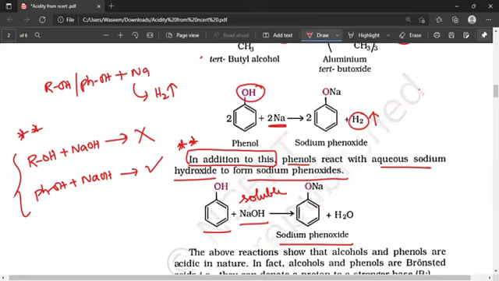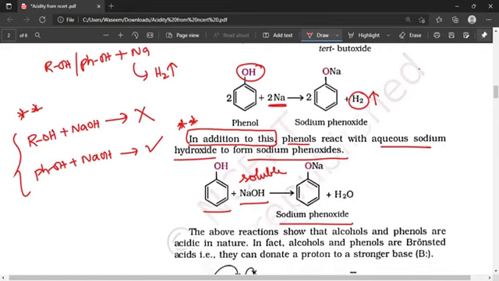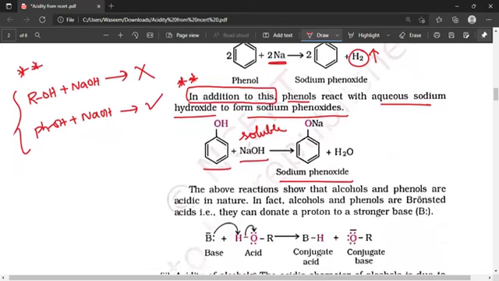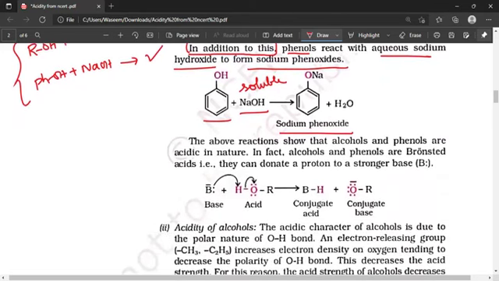Everything is given in the NCERT. You just need to follow it properly. So phenol can react with sodium, and phenol can react with sodium hydroxide, as phenols are more acidic than alcohols.